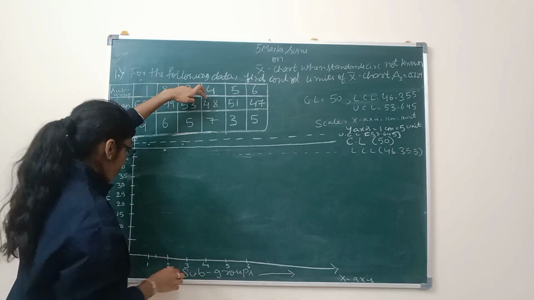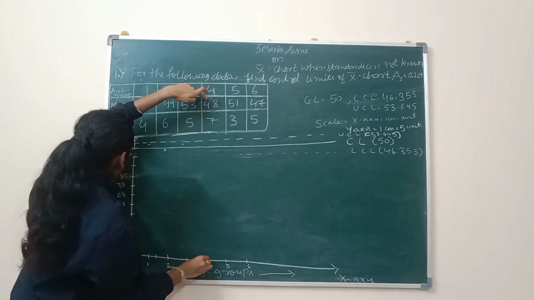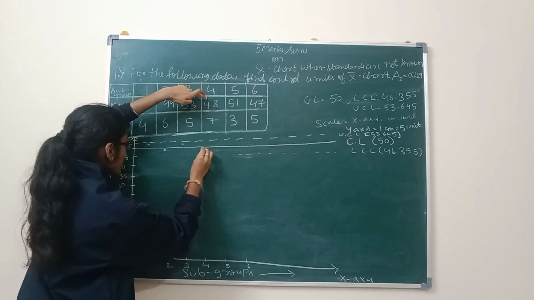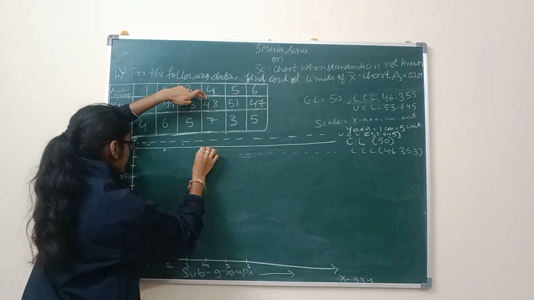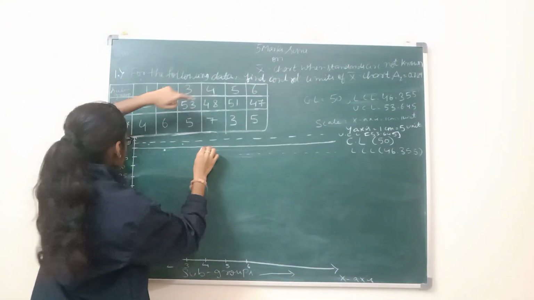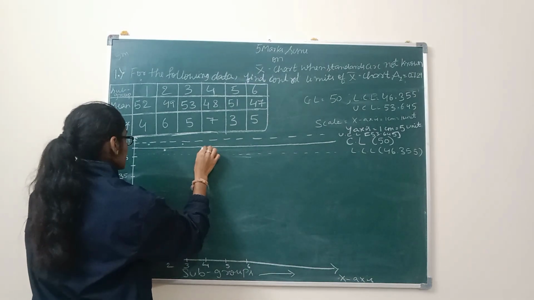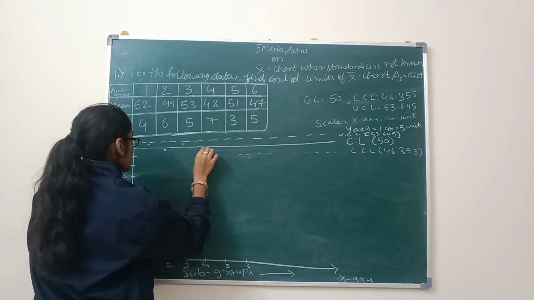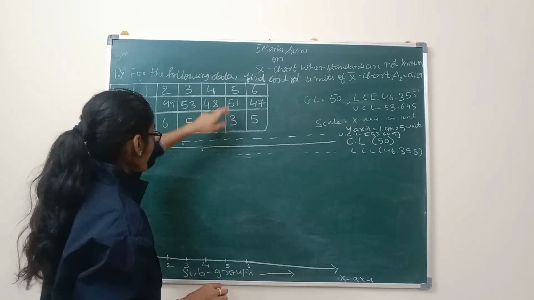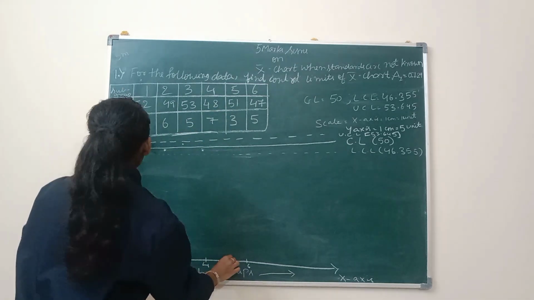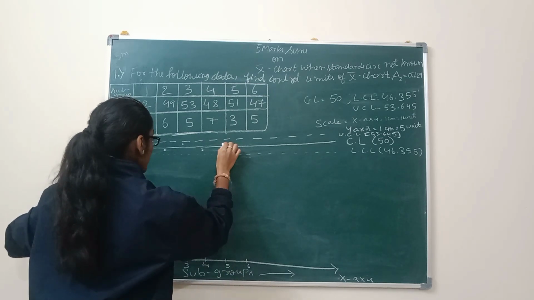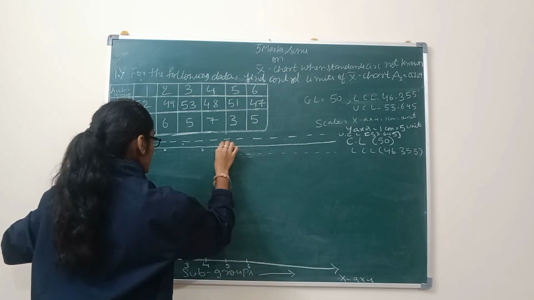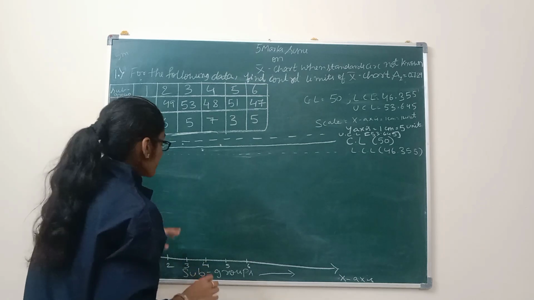For subgroup 4 we have 48. 48 is somewhere around here. Next, for subgroup 5 we have the value 51. So kindly use your graph sheets while plotting.